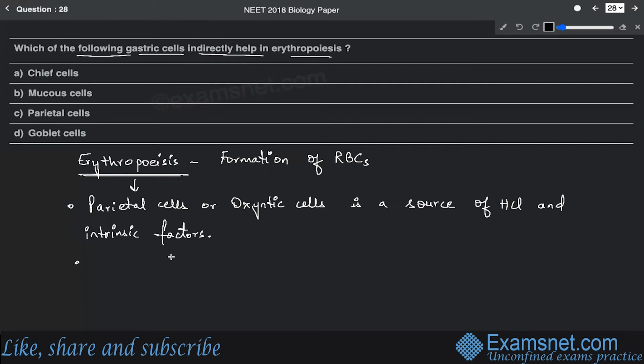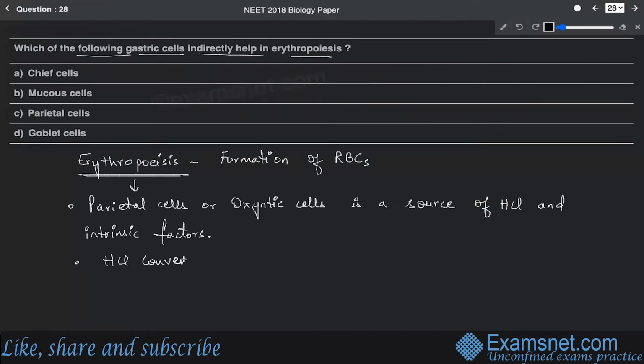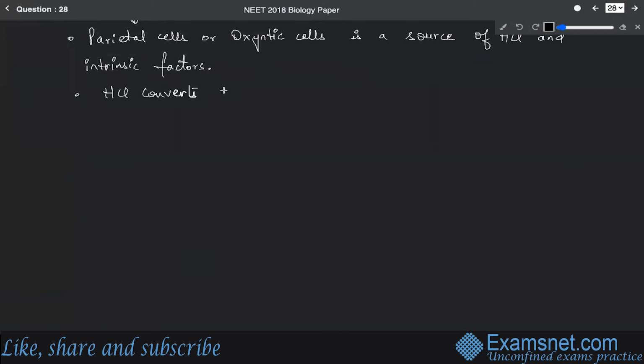All right. Now, this HCl is primarily responsible for converting iron present in food as ferric ion to ferrous form.